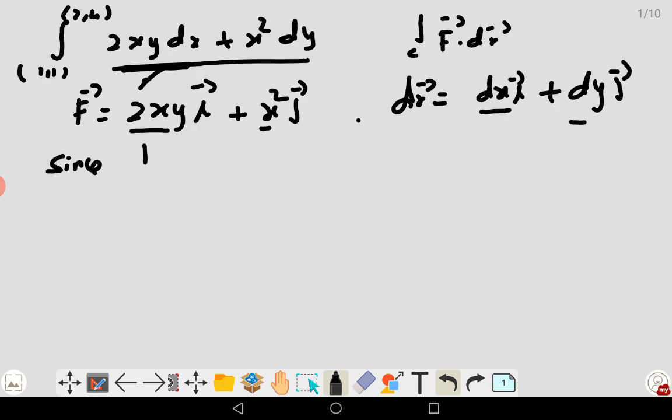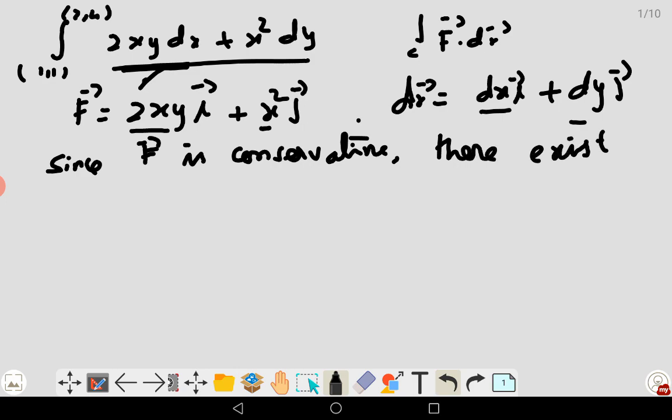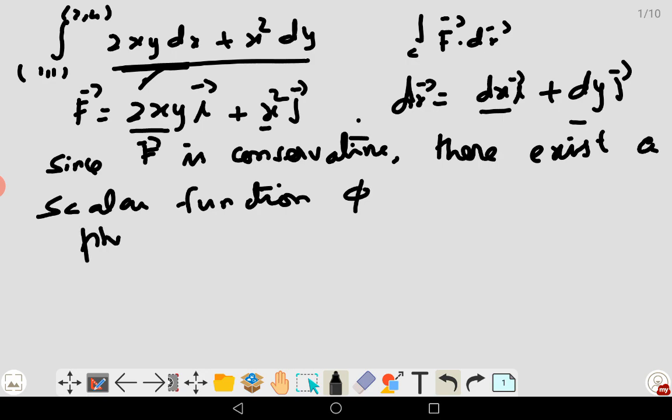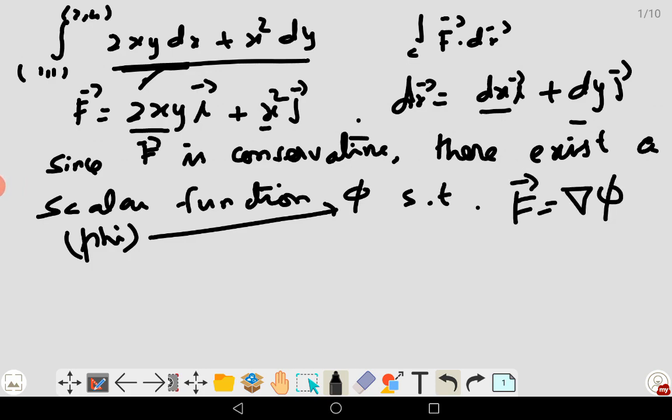Since F vector is conservative, there exists a scalar function, which we call the scalar potential, phi, such that F vector is nothing but the gradient of the scalar.